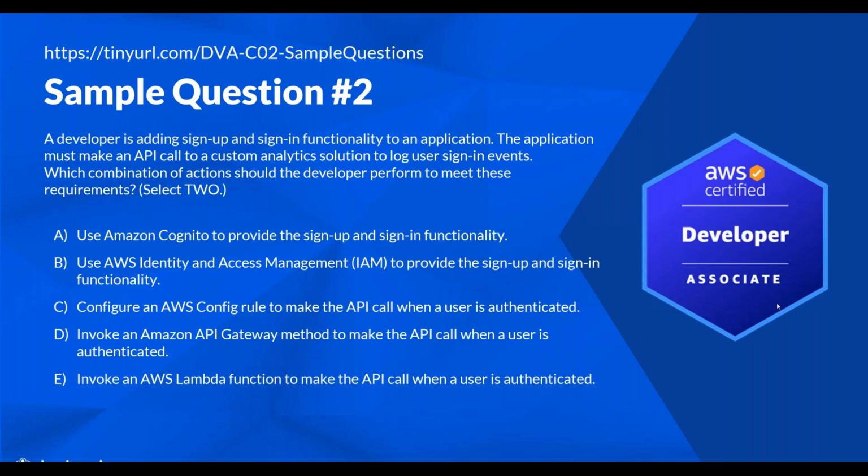So now we have one of our two answer selections, and now we know we need to choose between probably D or E for our second choice. So now, am I invoking an Amazon API Gateway method to make an API call, or am I invoking an AWS Lambda function to make the API call?